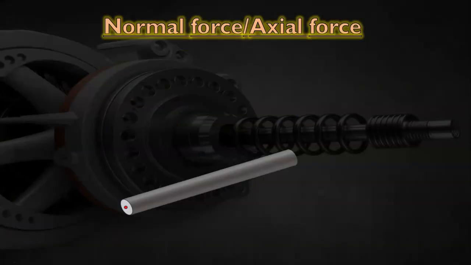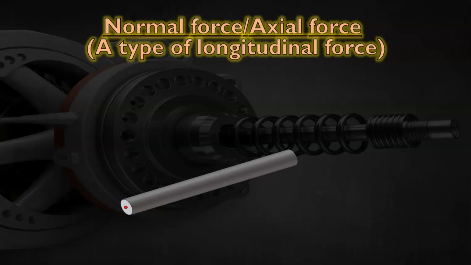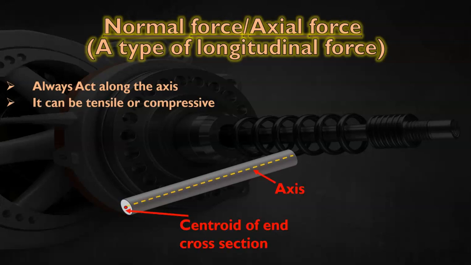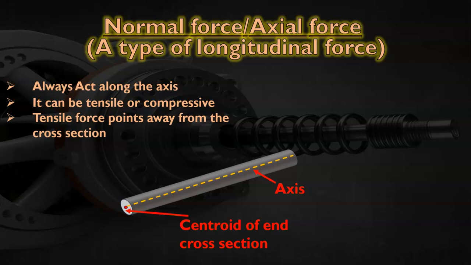What is normal force or axial force? It's a type of longitudinal force, always act along the axis, and it can be tensile or compressive. So in the cylinder shown in the figure, the axis and the centroid of end cross section is marked, and the tensile force which points away from the cross section is shown in the figure.